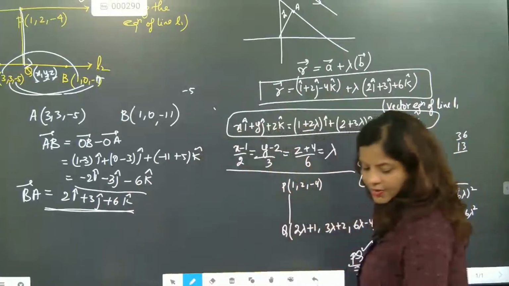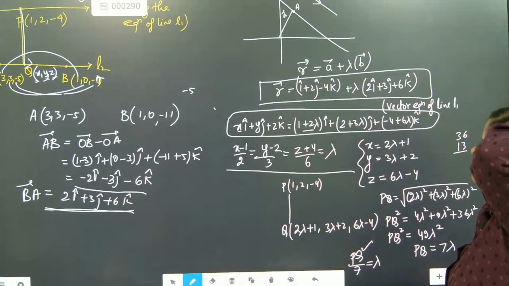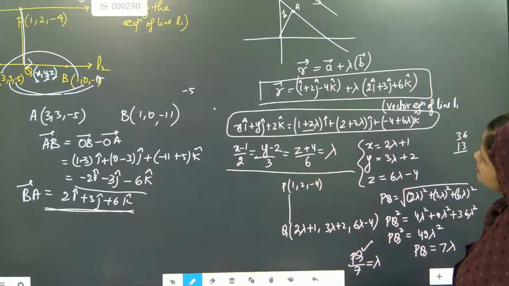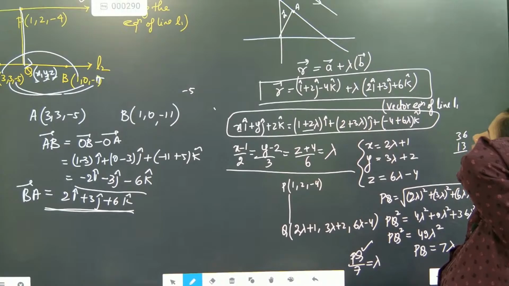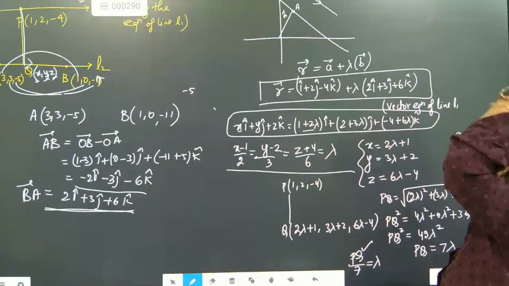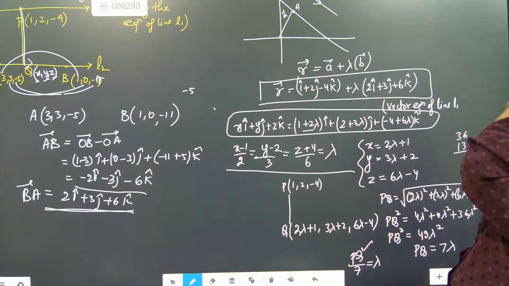Till here understood, lambda value is coming as how much, beta? PQ by 7 is equal to lambda. So if the distance becomes 0, the lambda part will become 0.